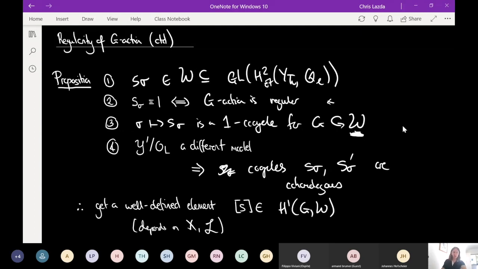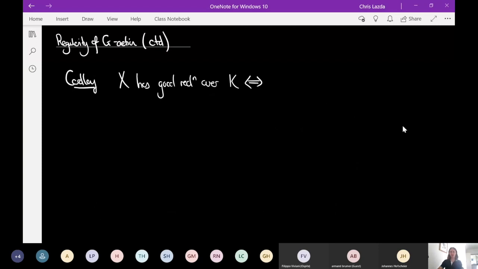And given the four parts of the proposition, you can probably guess what the punchline is going to be, which is that X has good reduction if and only if this cohomology class is trivial. Let me rephrase this.